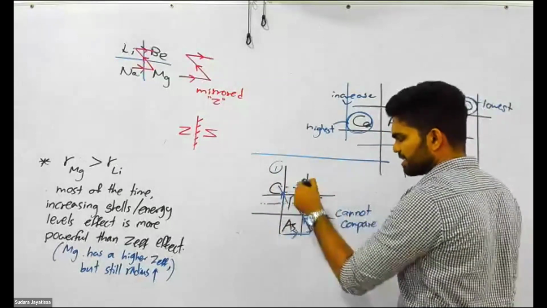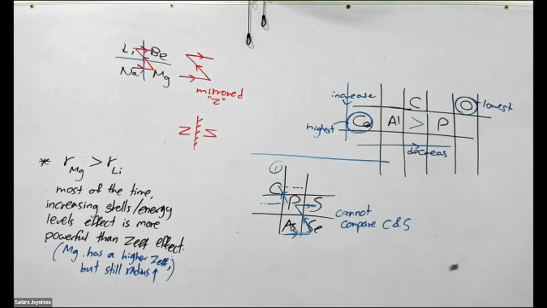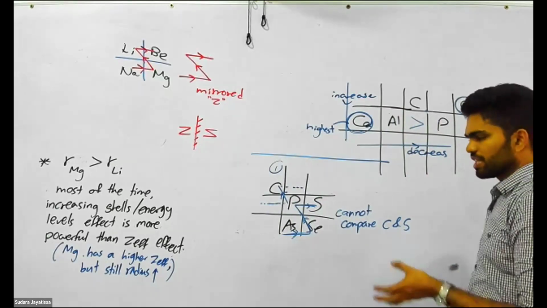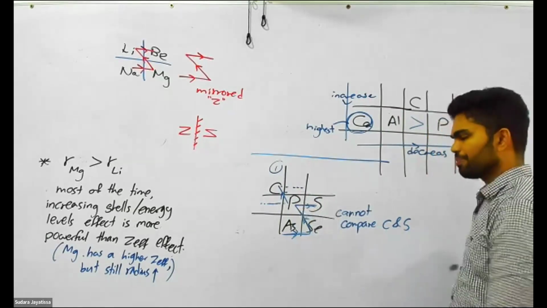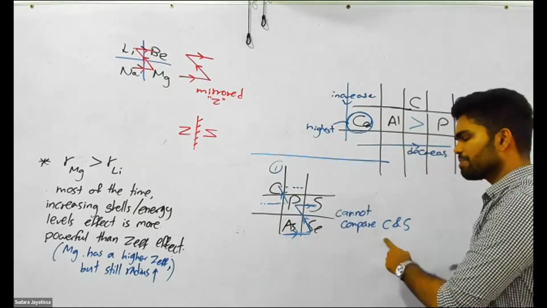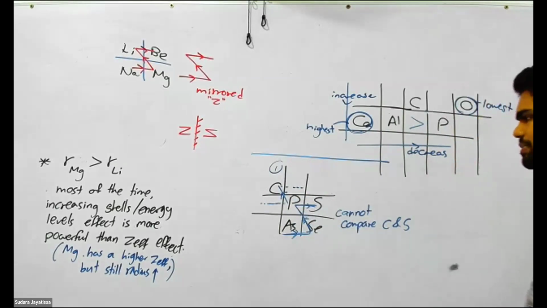Anyway, you can tell carbon is smaller. If you check the answers, all answers start from carbon. That means carbon is small anyway. So the first question is checking mirror descent only. If you apply this properly, you will get the answer. And remember, you can't compare carbon and silicon by this, and it is not needed to get the answer.